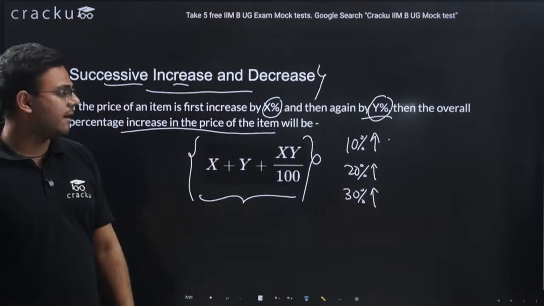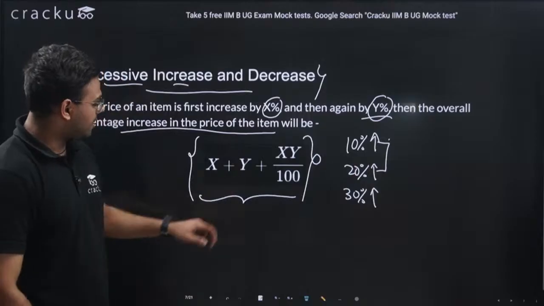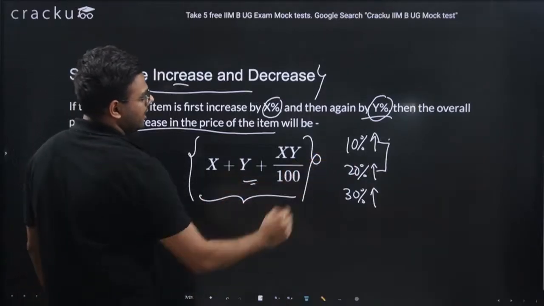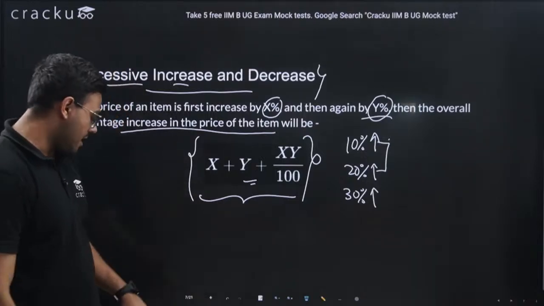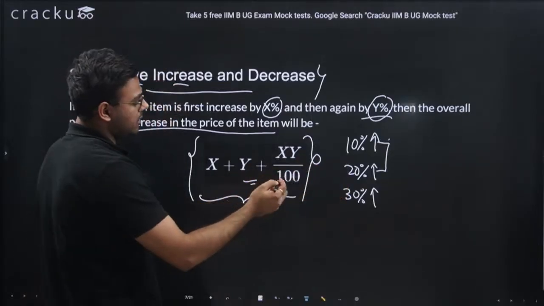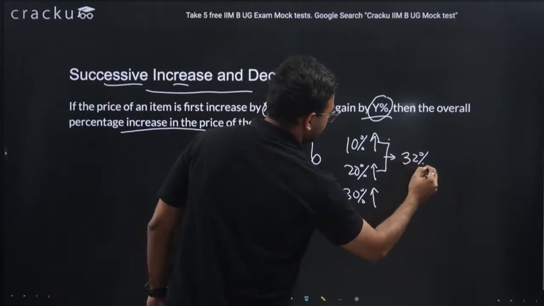In this case, first you have to apply the formula x + y + xy/100 to the first two values, where you assume x = 10 and y = 20. We find that this value will come as 32%.